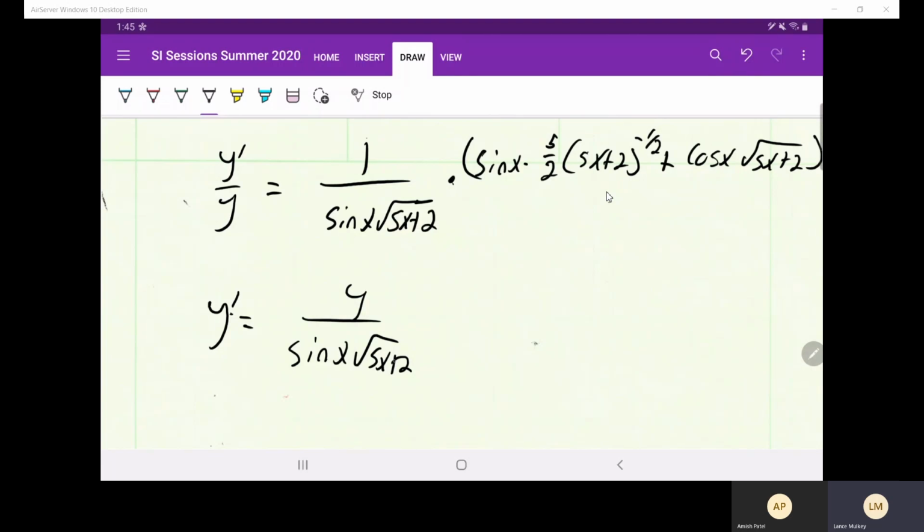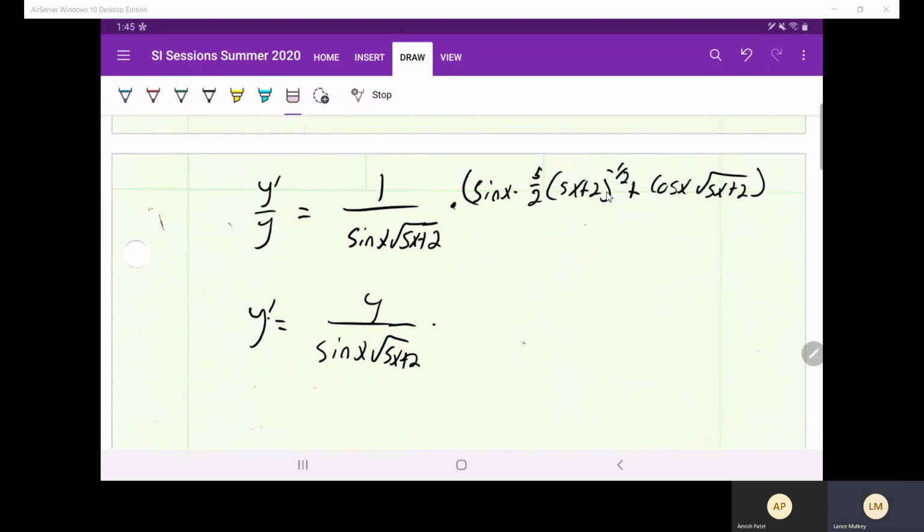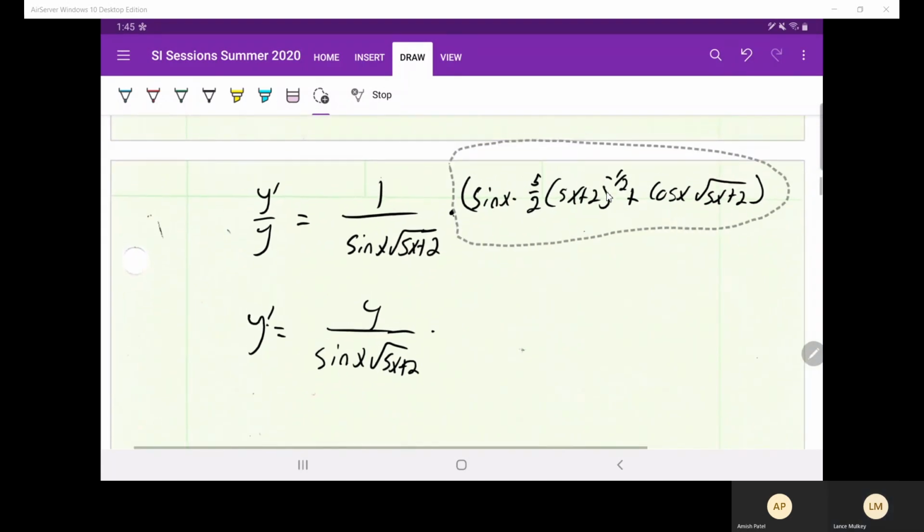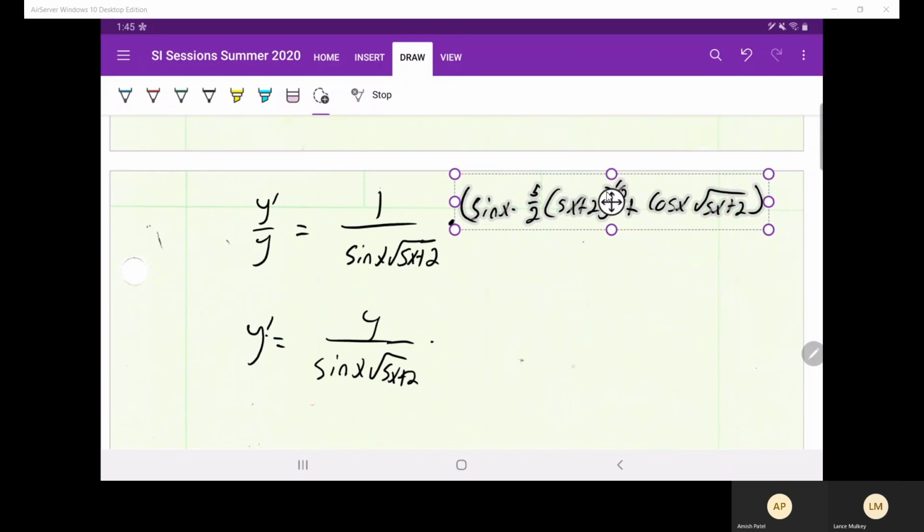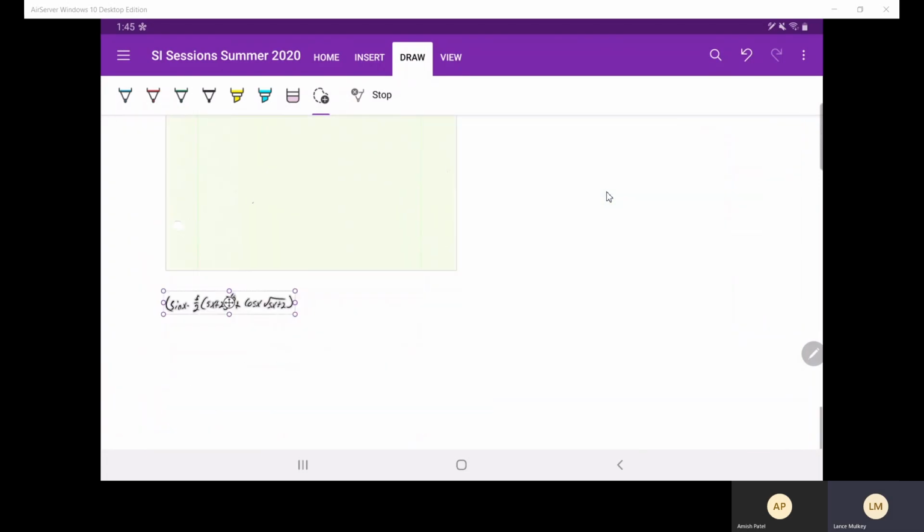You're going to see why logarithmic was pointless for this problem. Times all this. Oh, what did you do that for?